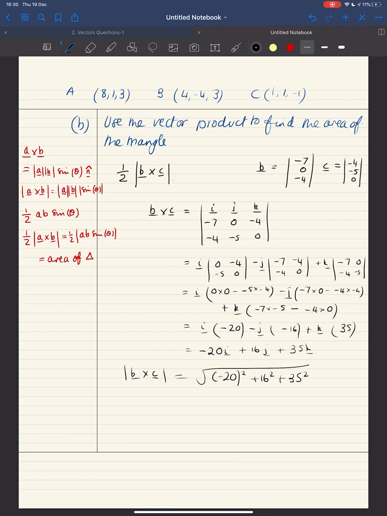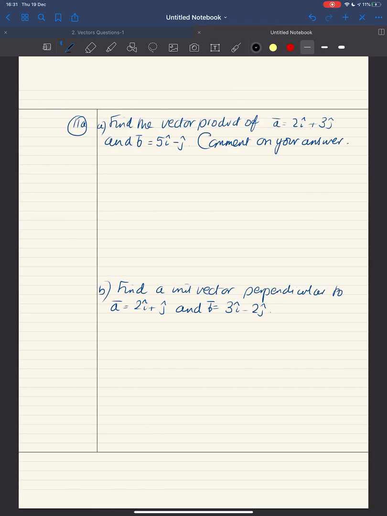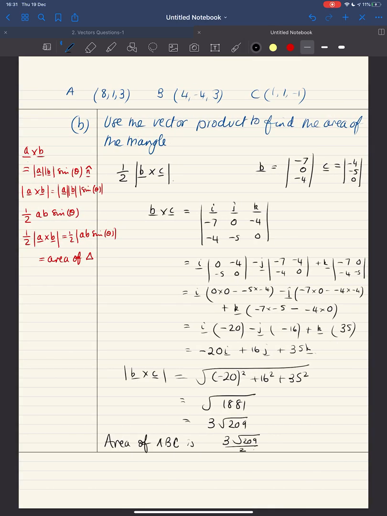So it's the square root of 1881, which simplifies to 3 root 209. So the area of the triangle ABC is 3 root 209 over 2. Right, that's the answer, so I'm rushing on there. Okay, that's the triangle.